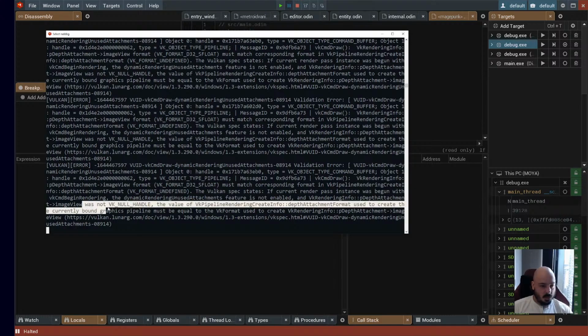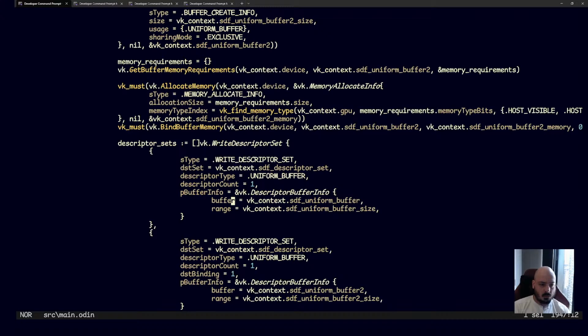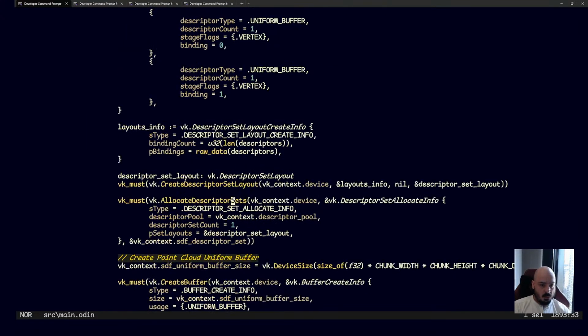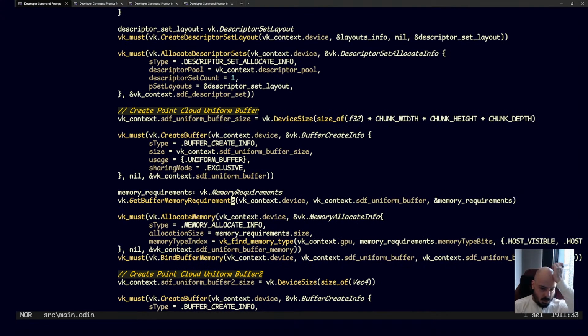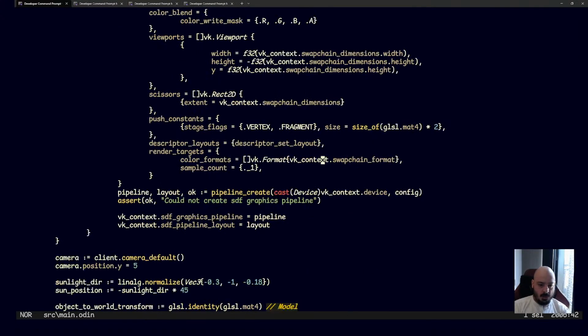Depth attachment view was not null. Okay. Let's see. Here. Pretty sure I didn't. Oh, I think it was in the rendering info.